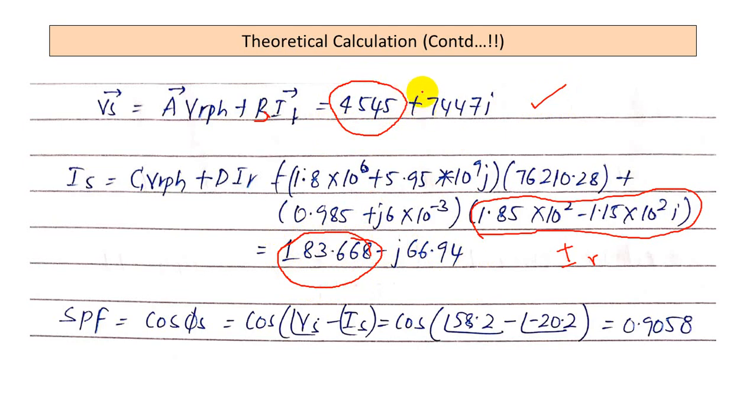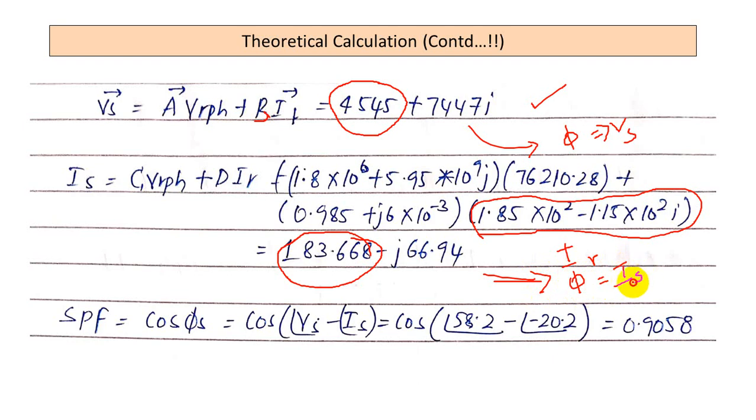When you convert it to rectangular form, you have to find out the power factor value. So you have to convert this complex value into an angular value. You will get the angle phi corresponding to your sending end voltage, and similarly the angle phi corresponding to your IS.